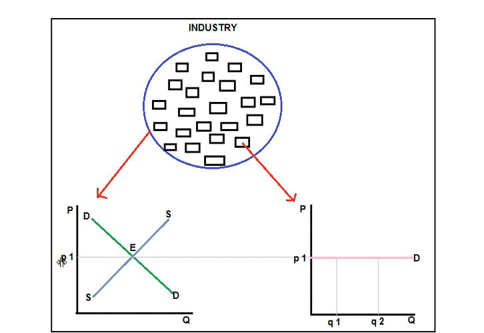If the market says the price is P1, my individual producer is going to accept this price of P1, and at this price level, the demand curve will be perfectly elastic or horizontal. So they cannot change the price. Nothing this individual producer does can change the price.